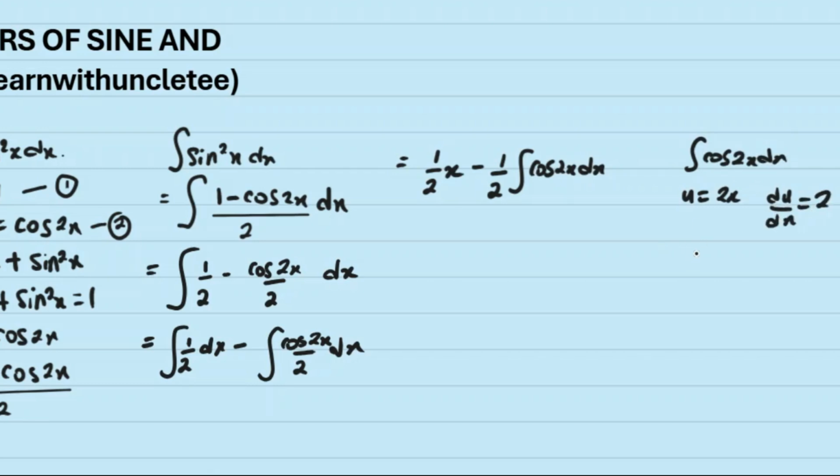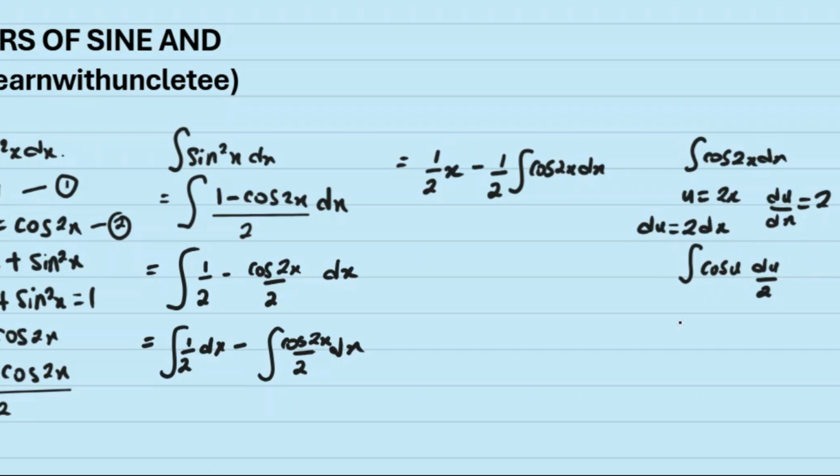So it means that integral cos 2x dx now will give us integral cos u, where 2x is now u. Our dx, if you make dx the subject of formula here, you're going to get du over 2. That is, if we cross multiply here, this is going to give us du is equal to 2 dx. So when you now make dx the subject of formula, you divide both sides by 2, dx will give you du over 2. So I'm now substituting it for that dx.